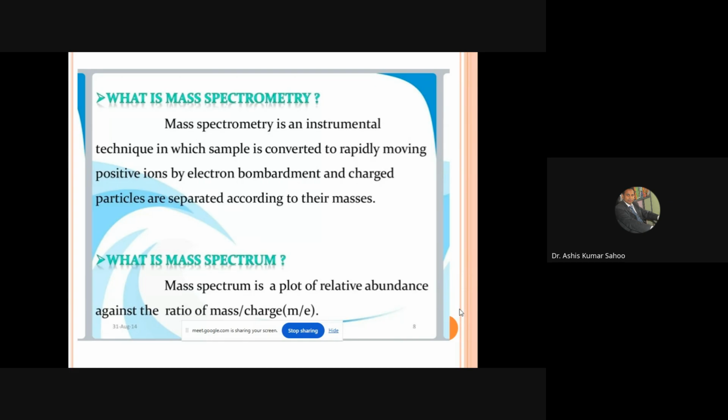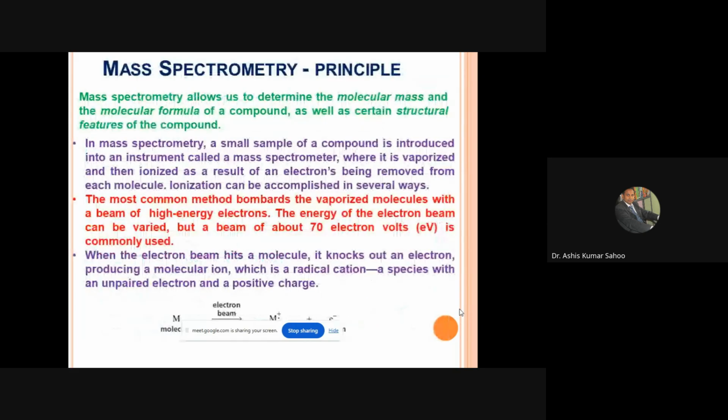So what is mass spectrometry? Mass spectrometry is an instrumental technique in which a sample is converted to rapidly moving positive ions by electron bombardment. These are the mass spectrometry principles. Mass spectrometry allows us to determine the molecular mass and molecular formula of a compound, as well as certain structural features of the compound.